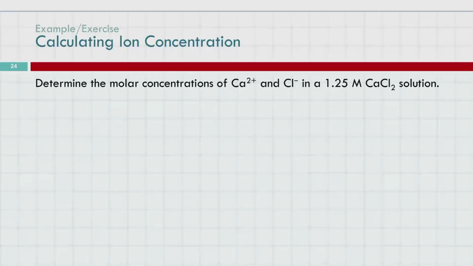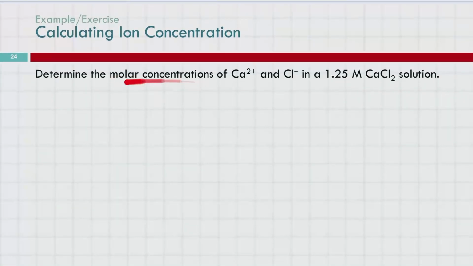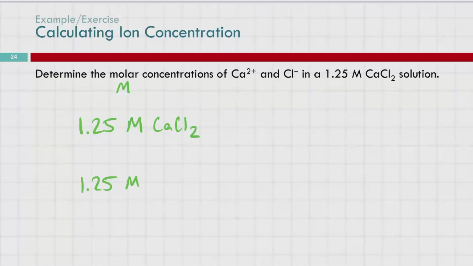If we want to calculate some ion concentrations, let's determine molar concentrations, molar being capital M, of calcium and chloride in a 1.25 molar calcium chloride solution. So we've got 1.25 molar CaCl2 on the top. Let's calculate for calcium. On the bottom, we'll calculate for chloride.